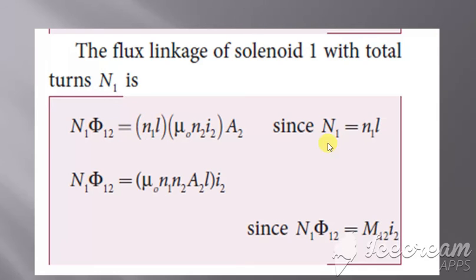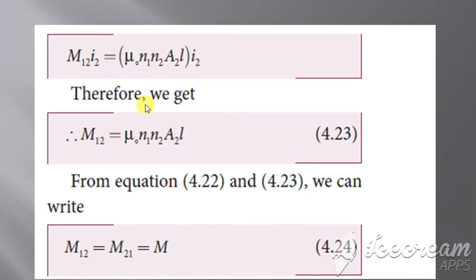The value of N1 here is n1 into L. Substituting this here, we get the equation as mu naught n1 n2 A2 L into I2. Comparing this with mutual induction, we get M12 into I2, which is equal to mu naught n1 n2 A2 L into I2.